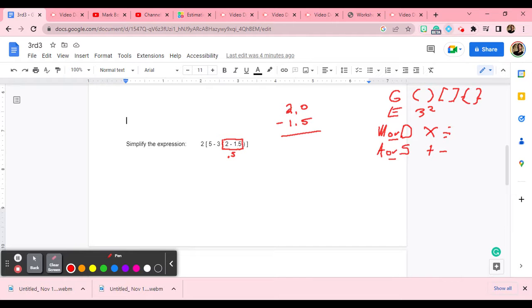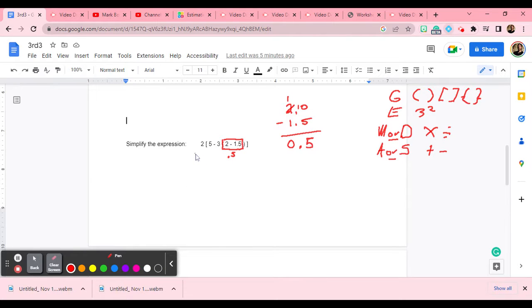I'm going to borrow from the 1 and bring over 10/10, and subtract. So my 10/10 minus 5/10 is 5/10. Bring my decimal straight down. 1 minus 1 is 0. So I have 5/10.